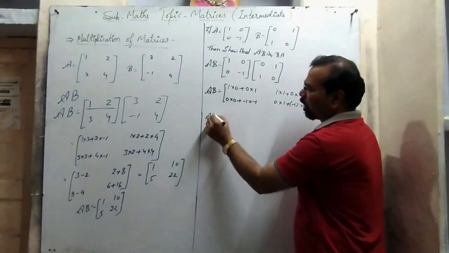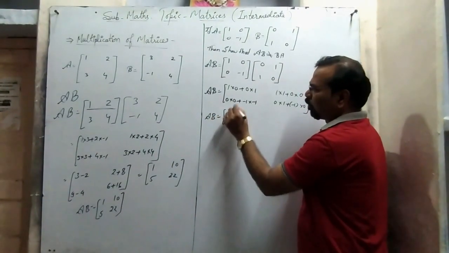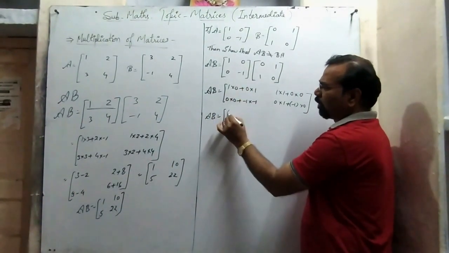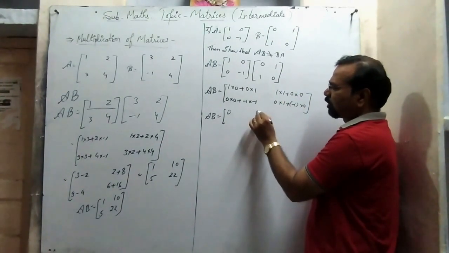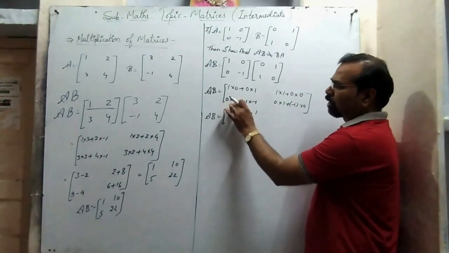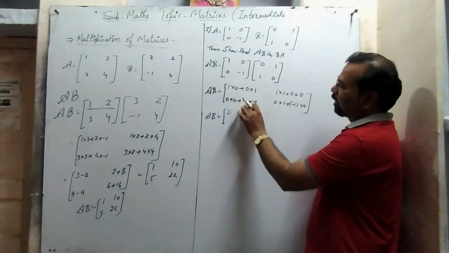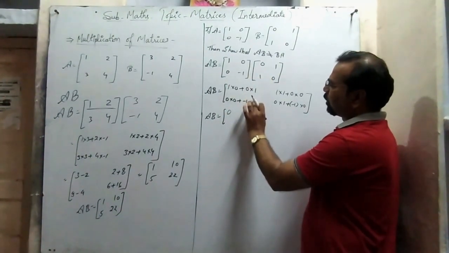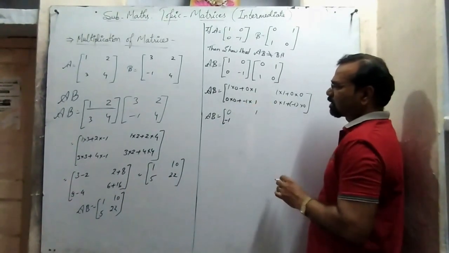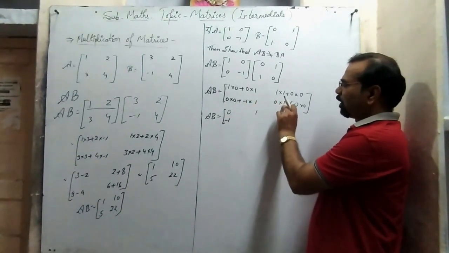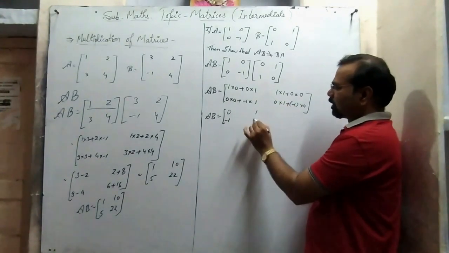Then the value of AB is 0, 1 and 1, 0 in the first row: 1 times 1 is 1 plus 0, its value is 1. Then 0 times 0 plus minus 1 multiplied by 1 is the value of minus 1. Again 1 multiplied by 0 is 0.